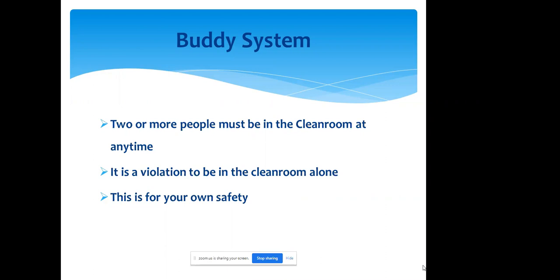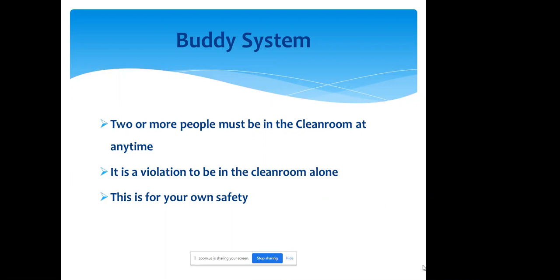If you see 2 people in the clean room, don't just go in there because, well, there are 2 people and I'll be the third one, so I'm covered. For all you know, they are leaving in less than 5 minutes after you walk in. Then you would be by yourself. So always make sure you arrange with your buddy and you talk about the time you are going to be spending in there together.